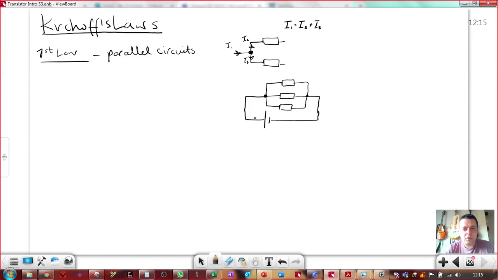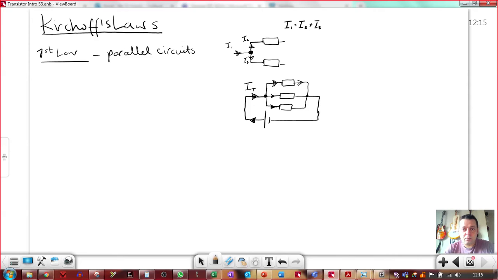Conventional current flow coming out here, coming round towards the node, yeah, call that IT. We'll split at this node, some will go this way, some will go this way, and some will go that way. So that current into the node splits in 3.